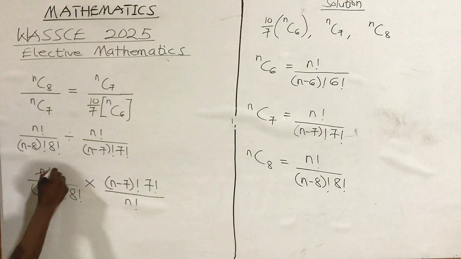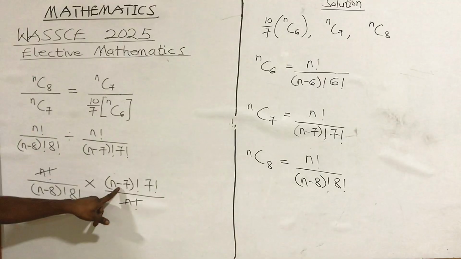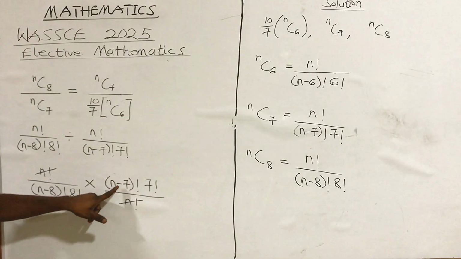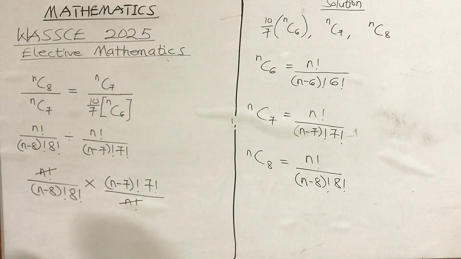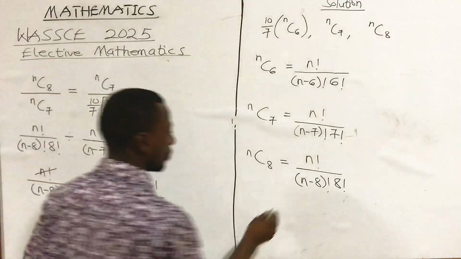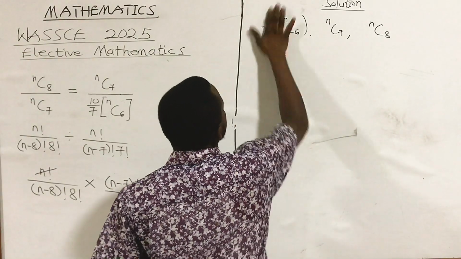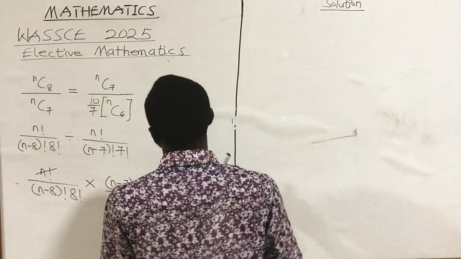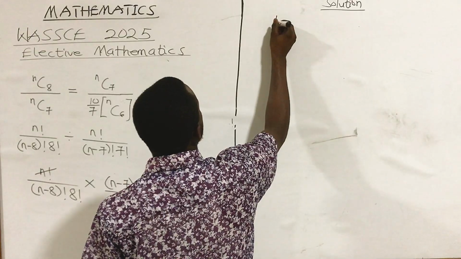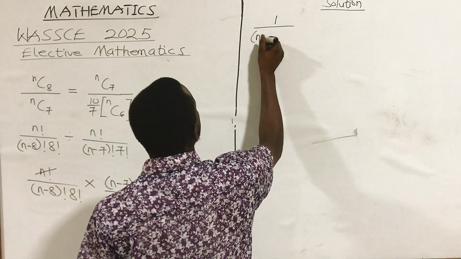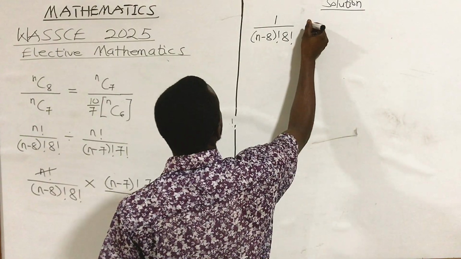Now, this can cancel this. So we have 1 over (n minus 8) factorial, 8 factorial, multiplying.